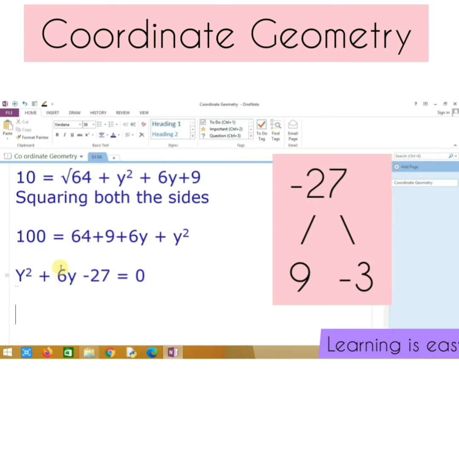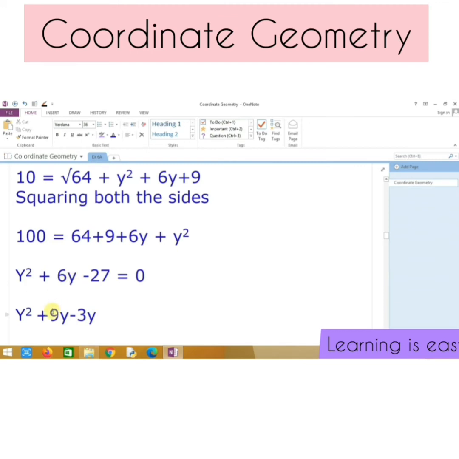So this can be written again as y square plus 9y minus 3y minus 27 equal to 0. So 3 into minus 3 is minus 27, and 3 minus 3 is plus 6.